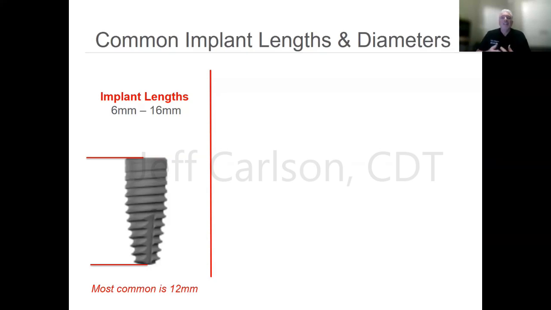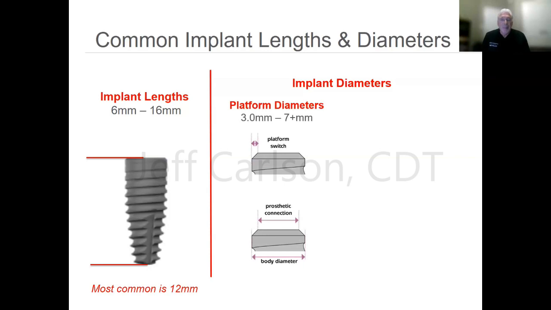The most common length implant we see is around 12 millimeters. Usually if someone is restoring a single tooth, if you can get a 12 millimeter implant in there, somewhere between 10 and 12, you feel pretty good. And then you want a regular, what we refer to as a regular diameter implant. I'll touch on that coming up here.